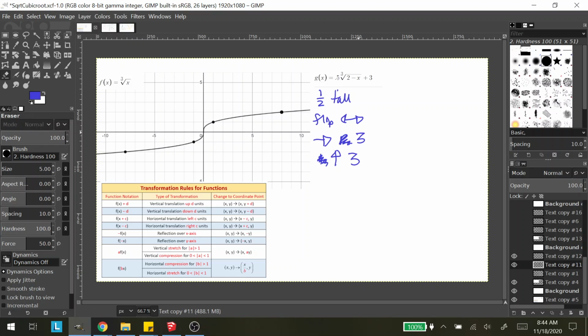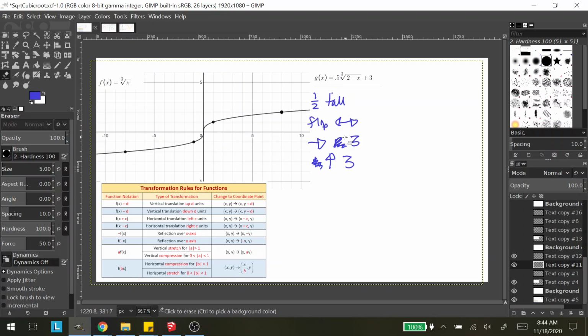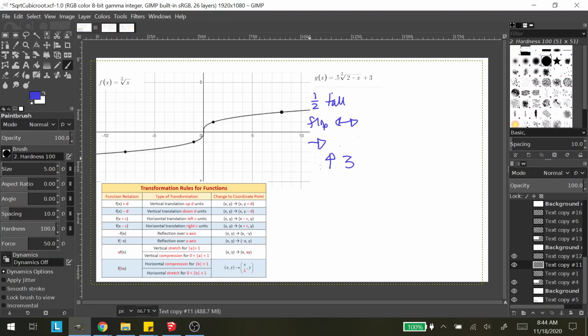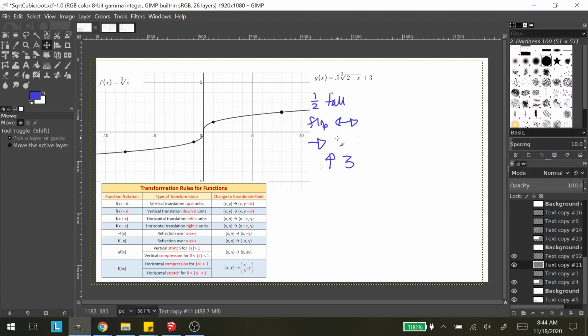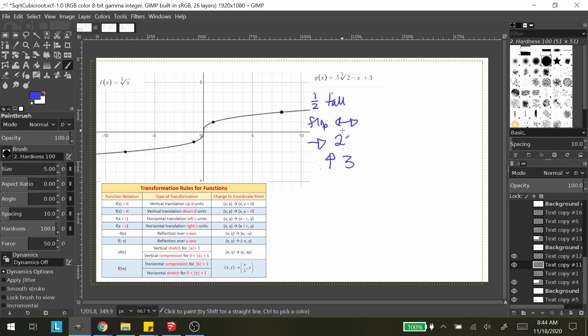I did it wrong twice. Neither of those are right. That's supposed to be a 2. So what we're going to do is I'm going to start with the flip.